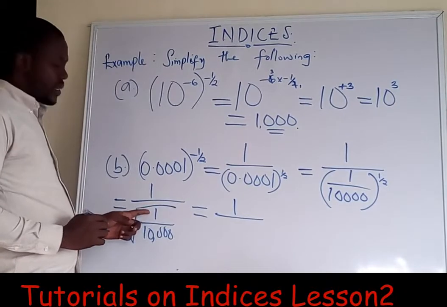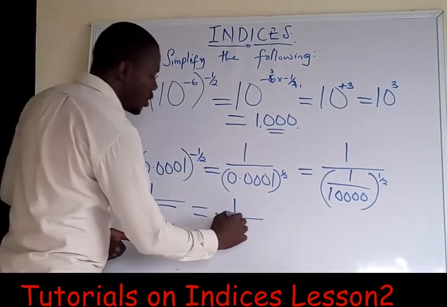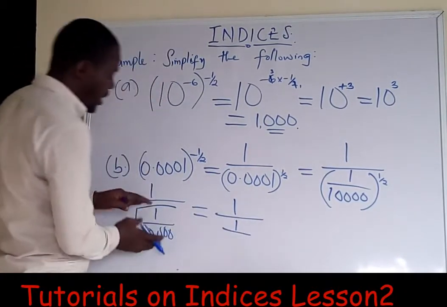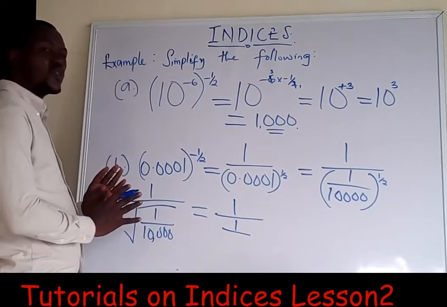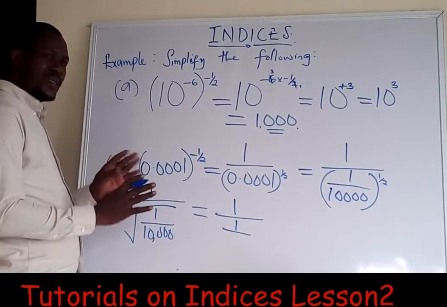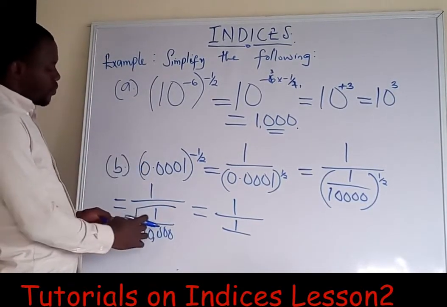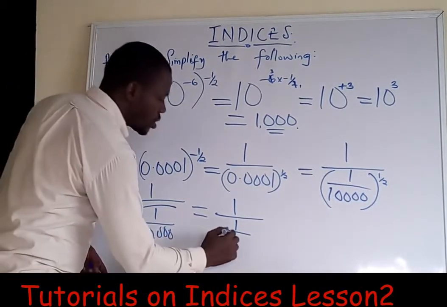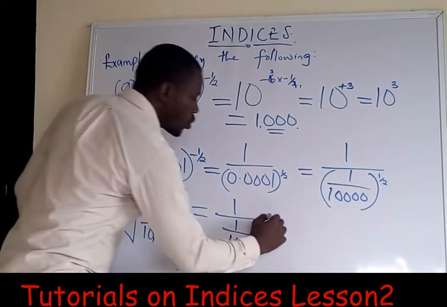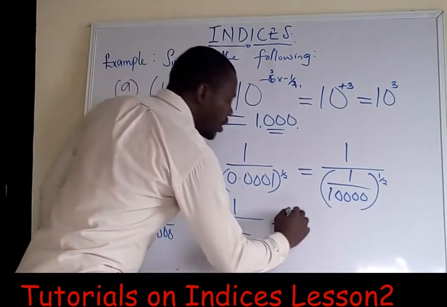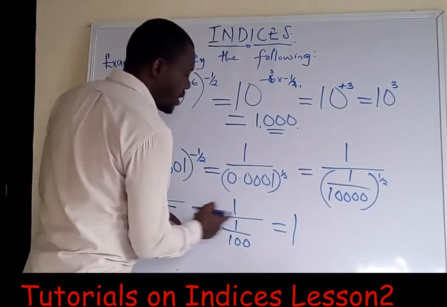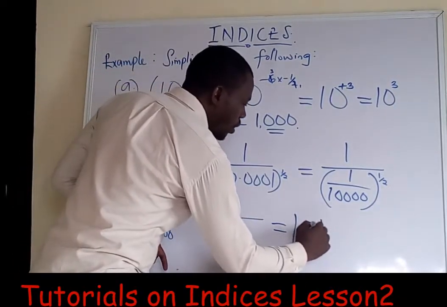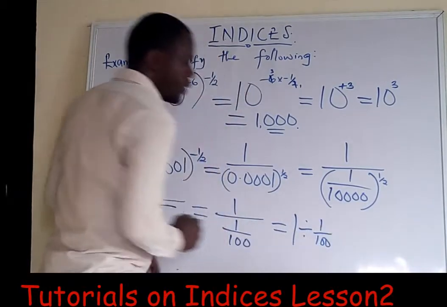Now we can break it and say the square root of 1 is 1 over. Don't forget that this is a single entity on its own, so you separate them. Now, the square root of 10,000 is 100. So we have 1 divided by 1 over 100.